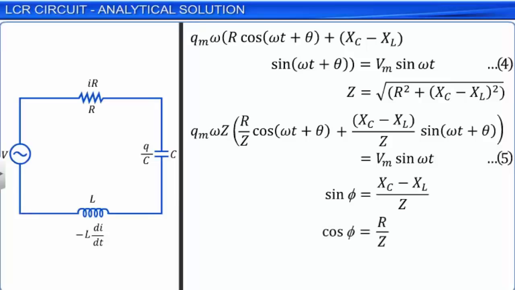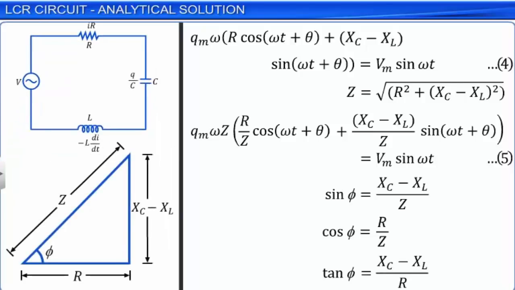Now, sin φ by cos φ will be equal to tan φ, which will be equal to (Xc minus Xl) by R. If the relations between Z, R, and Xc minus Xl are represented through a diagram, they form a right-angled triangle as shown.